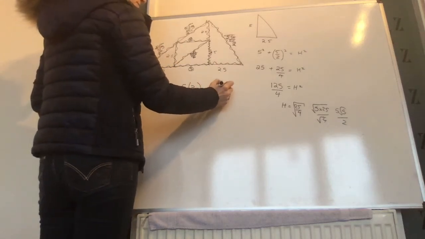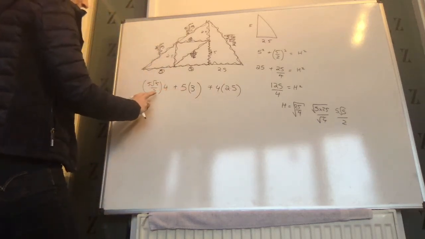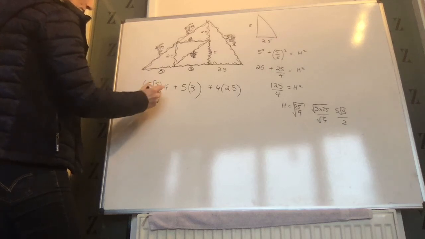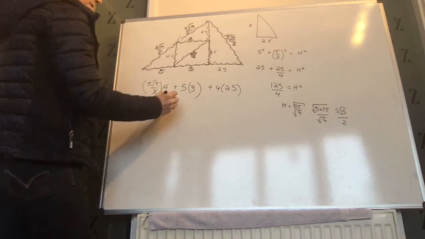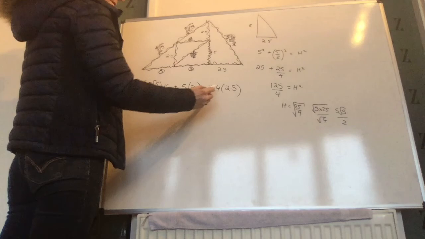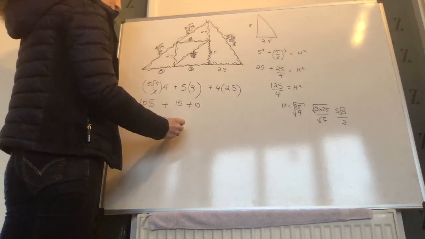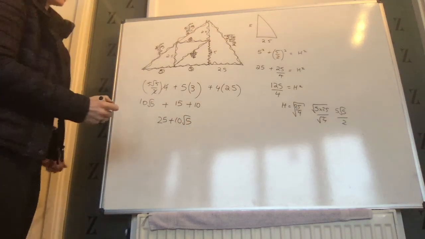So that's 4 2.5s. Now, if it was in an exam, I would double check that. So let's see, that'll give us 5 root 5 by 2, which is 10 root 5, plus 15, plus 10. 2.5 by 4 is 10. So 25 plus 10 root 5. Yeah, and that's correct. Okay.